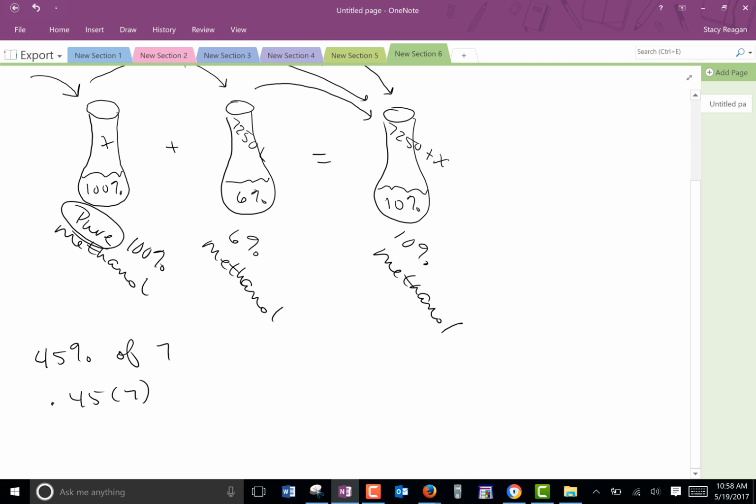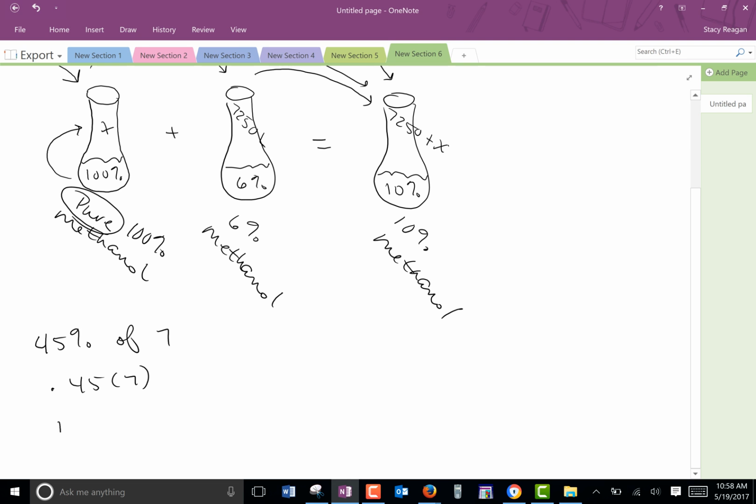So, if I take 100% of X, 100%, when I do math with it, I have to move my decimal 2 places to the left. So I would do 1 times the X, and that would give me my percentage.